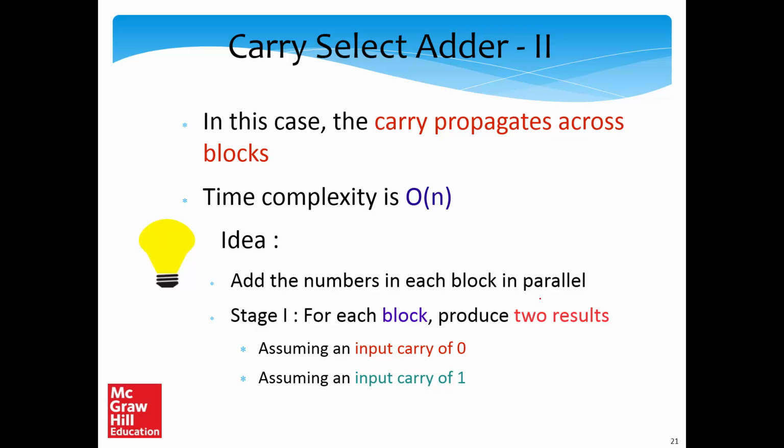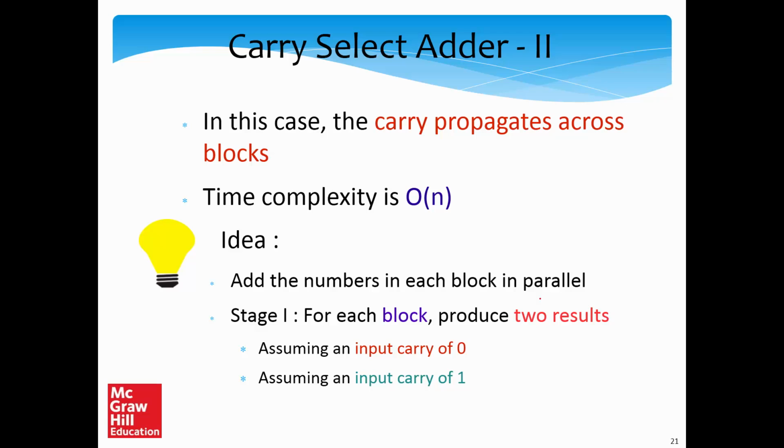So in this case, instead of adding a bit at a time, we'll be adding 4 bits, an entire block at a time. The carry will then propagate across blocks, which will still take order of n time. But let's come up with a novel idea of how to speed it up. What was the original aim?